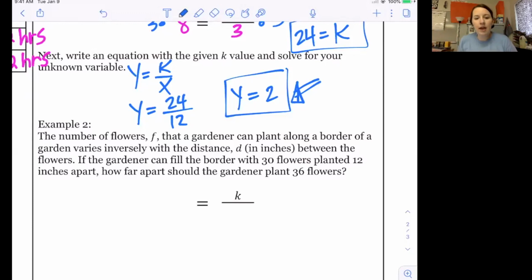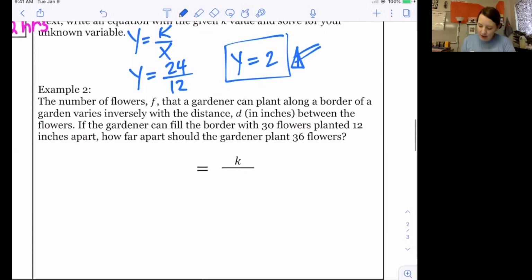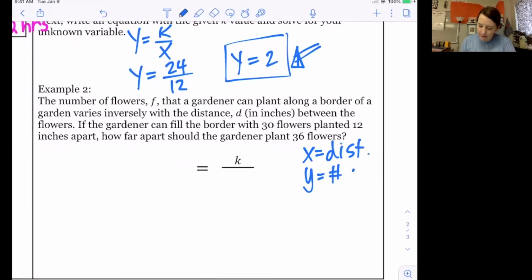Okay, if a gardener can fill the border with 30 flowers planted 12 inches apart, how far apart should the gardener plant 36 flowers? So it's not really going to matter which one we call X and which one we call Y, as long as that stays constant throughout. So I'm going to say that X is the distance and Y is the number of flowers.